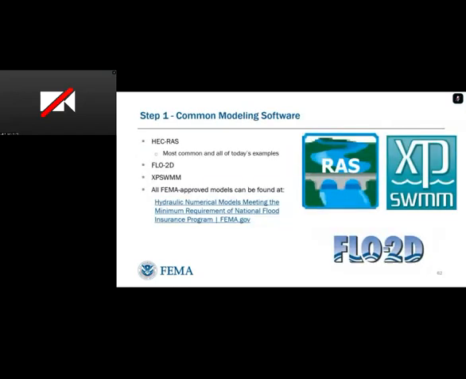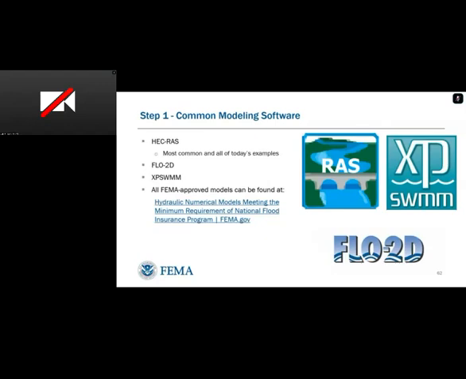So step one is going to address what modeling software is out there and what is right for you. There are multiple software approved by FEMA to utilize as part of flood insurance studies, and they can all be found at this link here. For today's purpose, however, we're going to be solely focusing on HEC-RAS because it is the most common and it's a free software, so it's really what we see a lot.